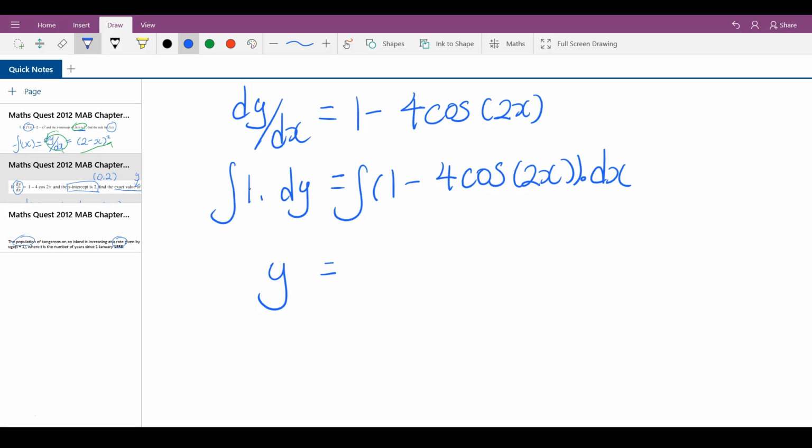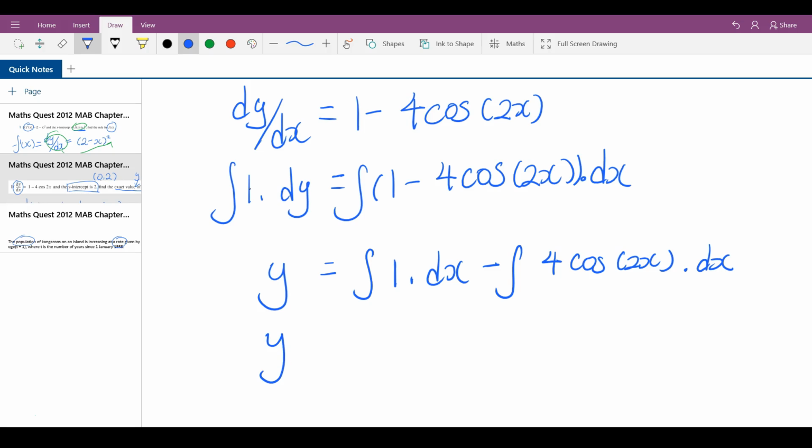So you can literally write it like that, and then you separate them into two parts of integration, and then you do it one by one.